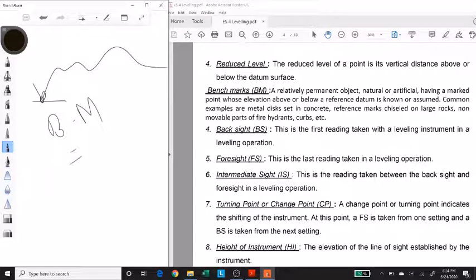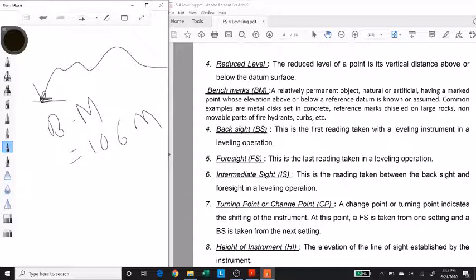Benchmark means a point whose reduced level is known, and the reduced level is the difference in elevation from the datum. So your benchmark can have any reduced level. Let's say my benchmark has a reduced level of 106 meters. So that means this point over here is at a height of 106 meters from the datum.